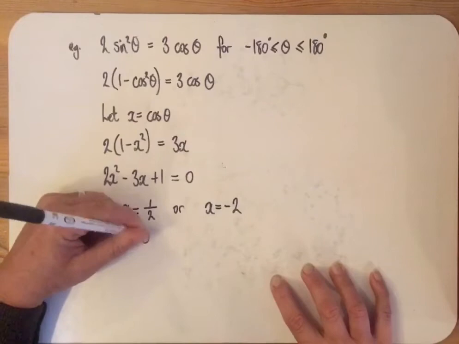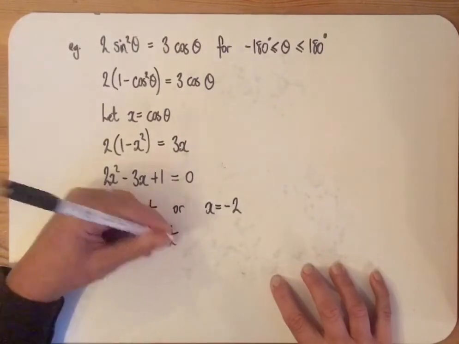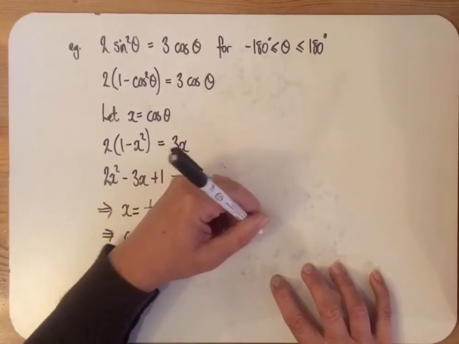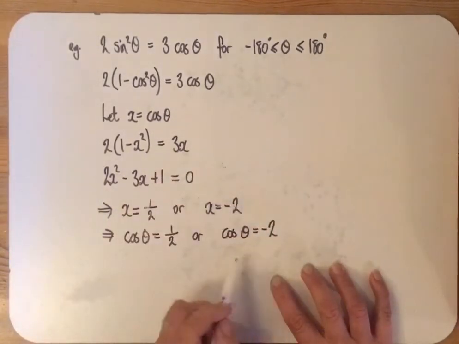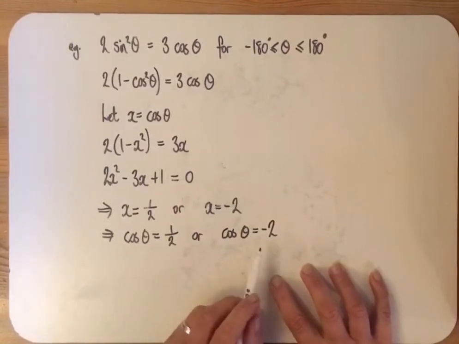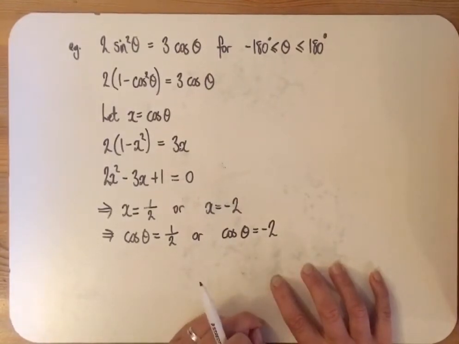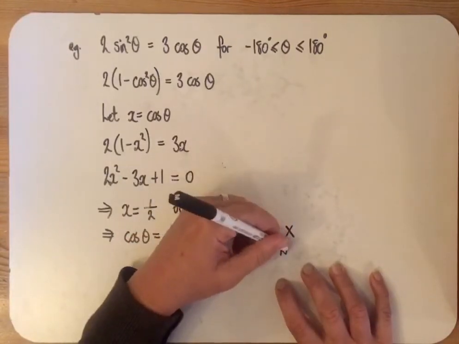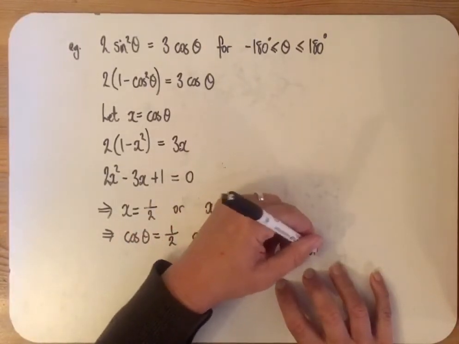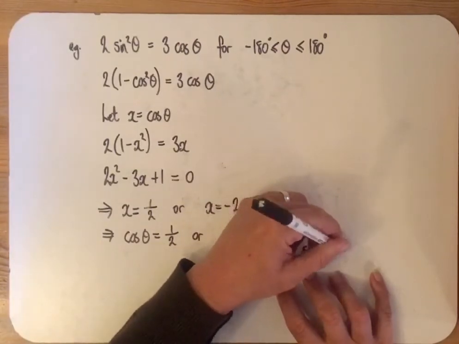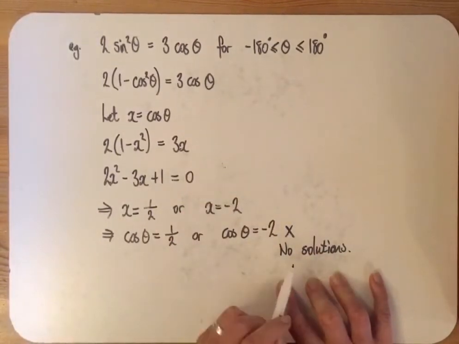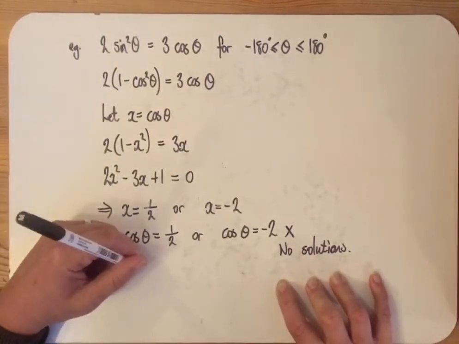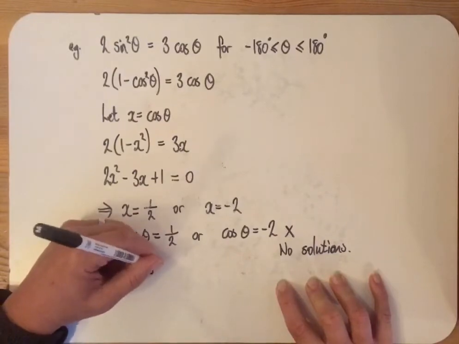So cos theta is equal to a half, or cos theta is equal to minus 2. This isn't possible. Cos theta has to be between 1 and minus 1. So there's no solutions here. So you should show that in your working. So show that you've considered it and there's no solutions. And if cos theta is a half, then theta is equal to 60.